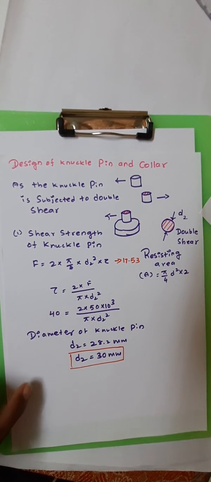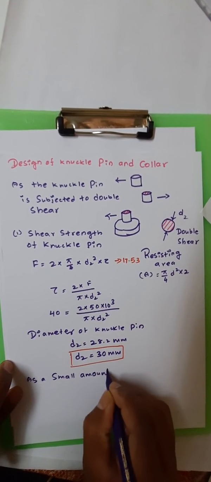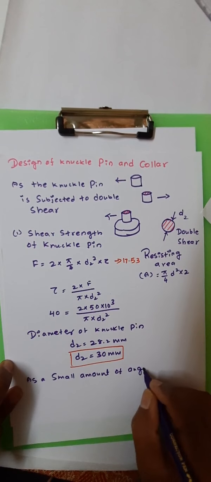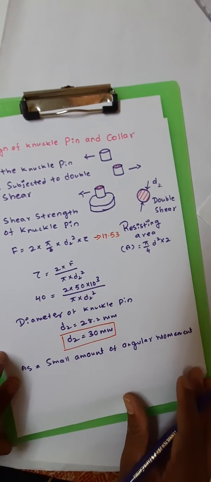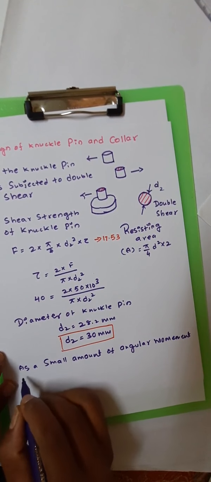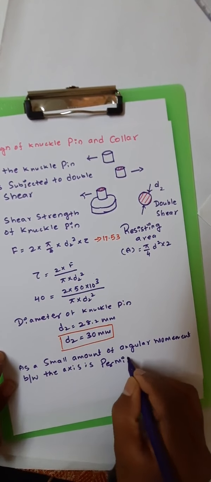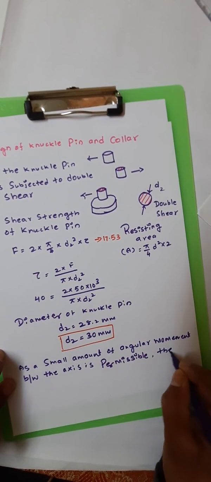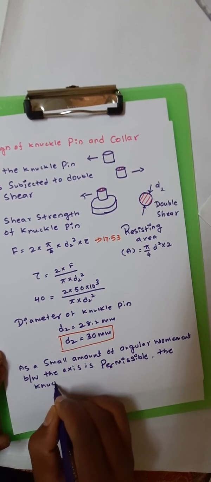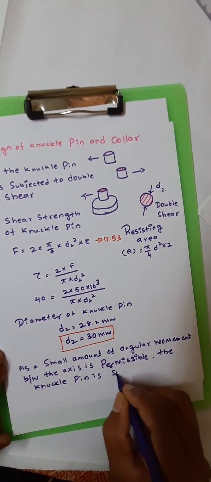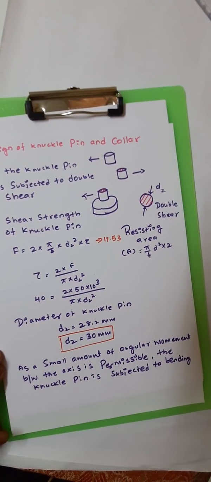Next, we need to consider a small amount of angular movement between the axes, which is given in the problem, as permissible.